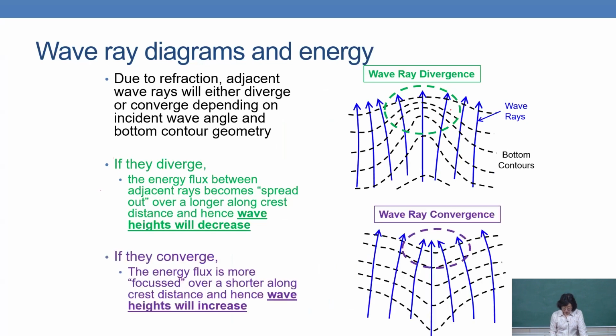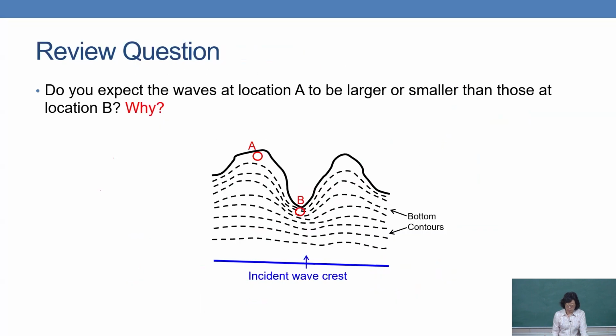But you can also see if the bottom contour lines' shape is like that, then it will be converged. And when they're converged, like this one over here, the energy at the converged point location will have higher waves, right? But if it's diverged, then the waves will be lower or decreased. So that's the refraction.